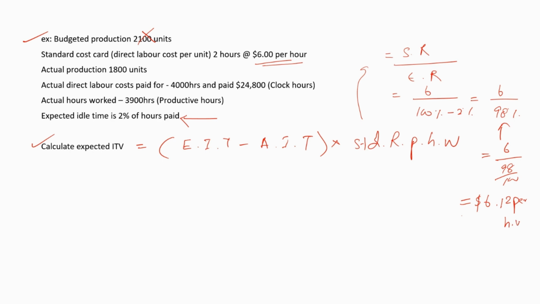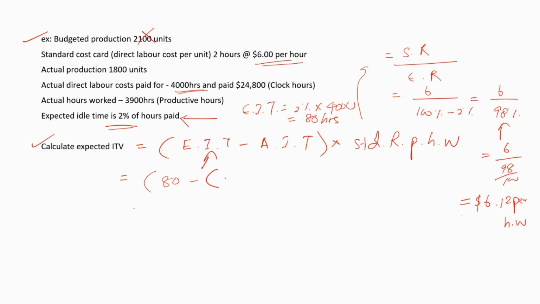Now let's calculate the expected idle time. They have given us the expected idle time as a percentage of hours paid. So the expected idle time is equal to 2% of hours paid. What are the hours paid? They have paid for 4,000 hours. So the expected idle time is equal to 80 hours. What is the actual idle time?